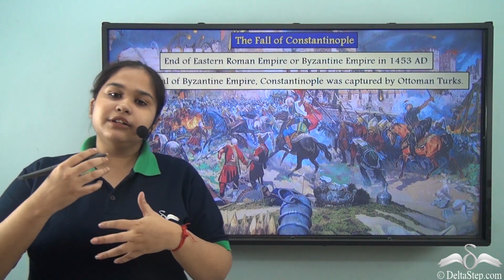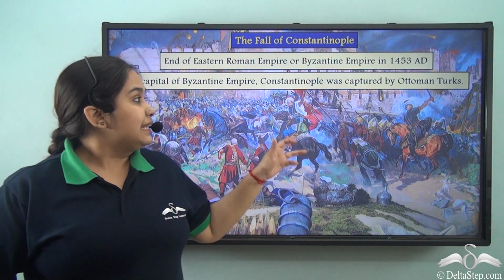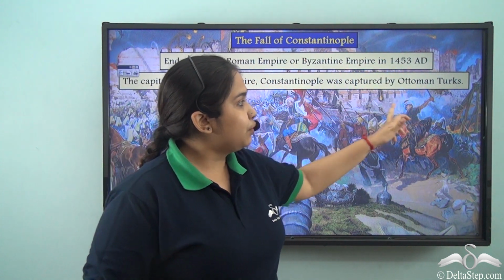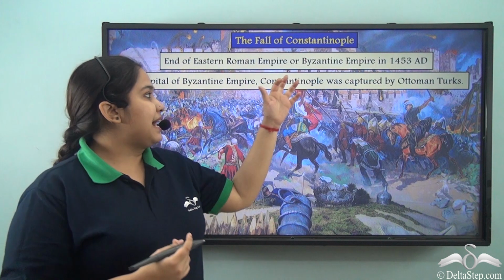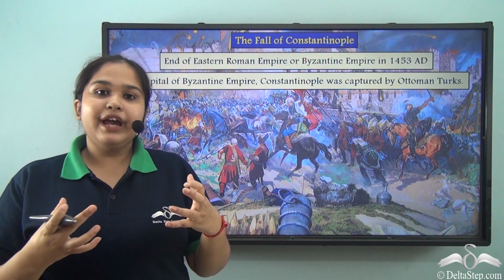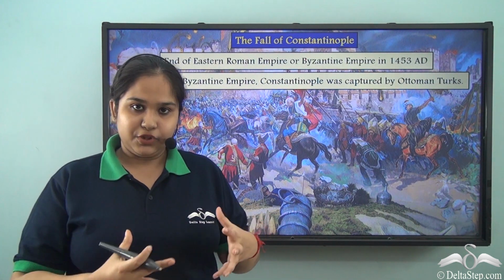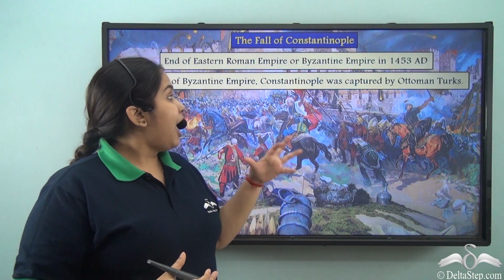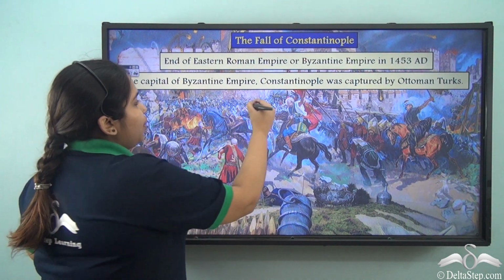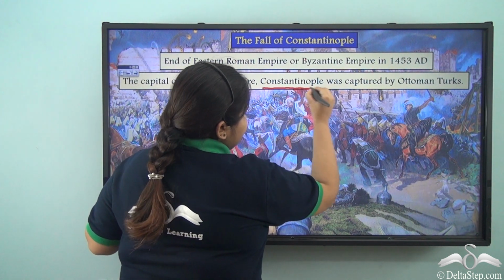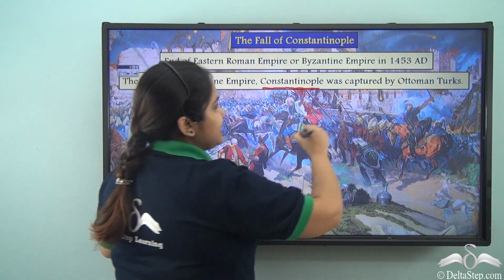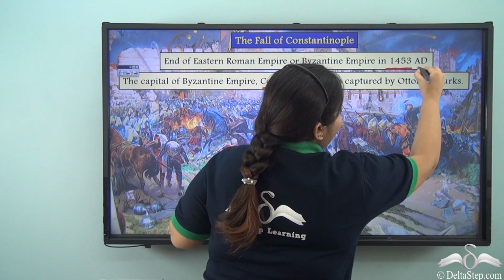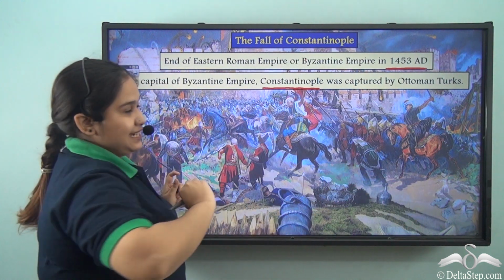After the Crusades, what happened was the Ottoman Turks came face to face with the Byzantine Empire, and they were trying to encroach upon that area. So they were moving in, and after a point of time, the main city, the capital city called Constantinople, fell around 1453 AD, right?